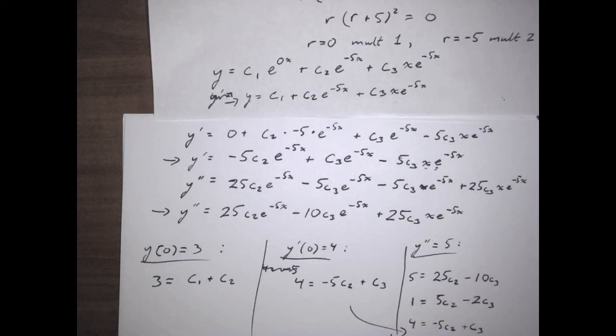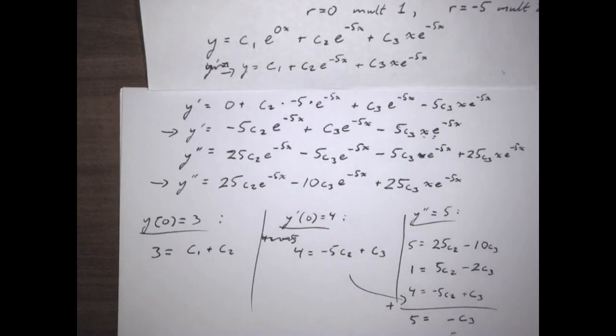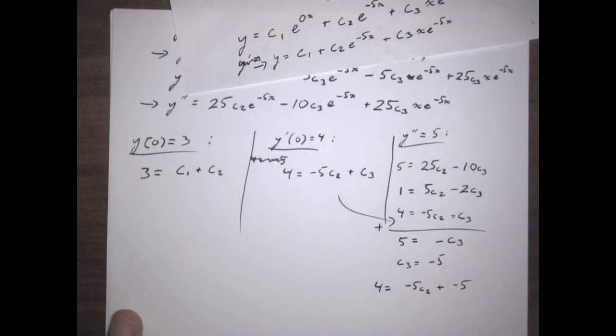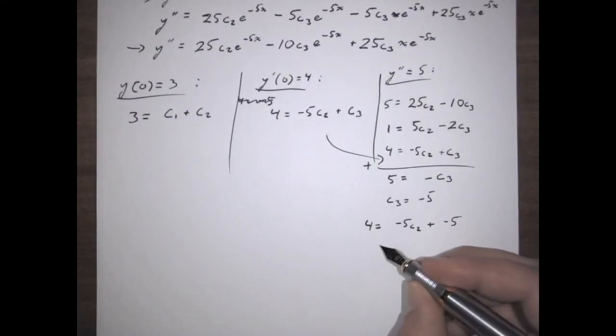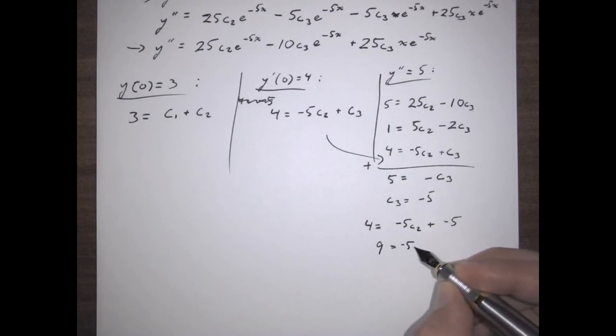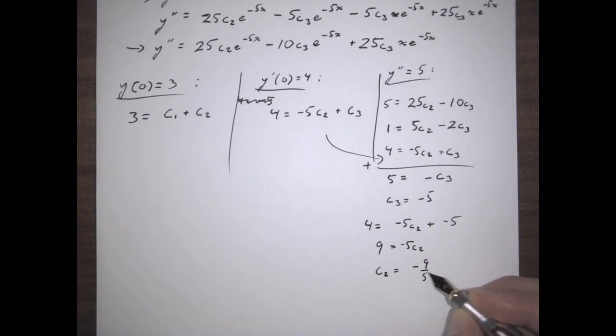Well, if c3 equals negative 5, then that's going to give me what I need in order to find the value of c2 here. So if I plug that in right there, that's going to be 4 equals negative 5 c2 plus negative 5. Add the 5 to both sides. So I'll have 9 equals negative 5 c2, so that means c2 is equal to negative 9/5.